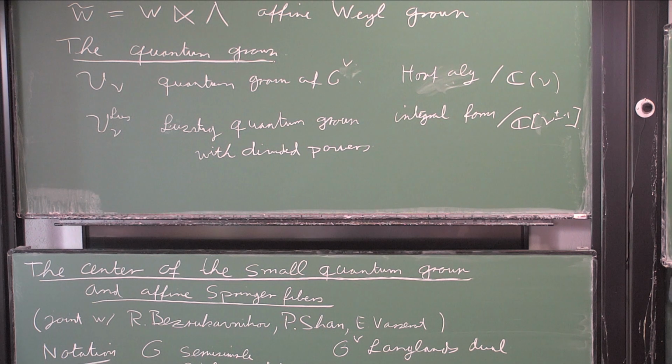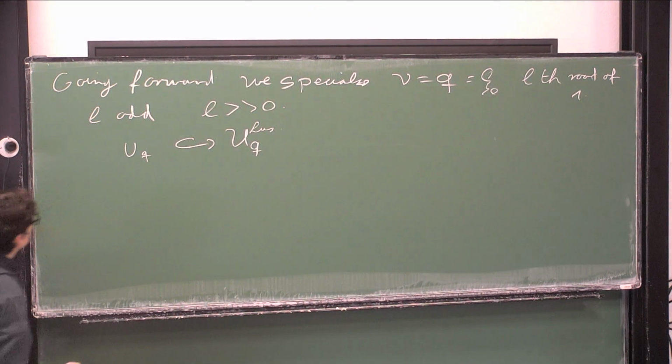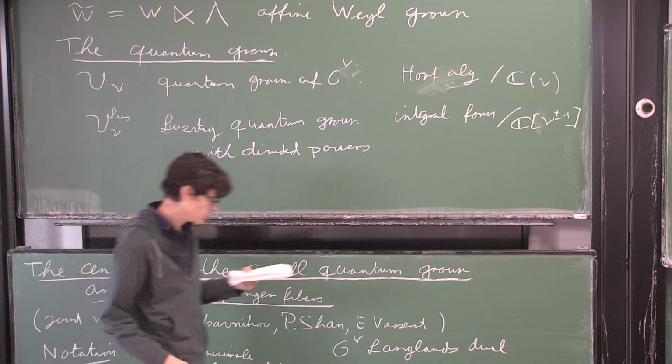Okay. And so now to define the small quantum group. The small quantum group is some finite dimensional algebra living in this Lusztig quantum group, specialized at q.